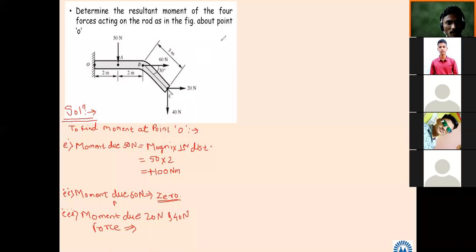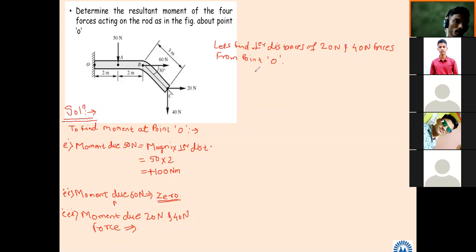So let's find the perpendicular distances of the 20 Newton and 40 Newton forces from point O. Okay, so how can it be found now?